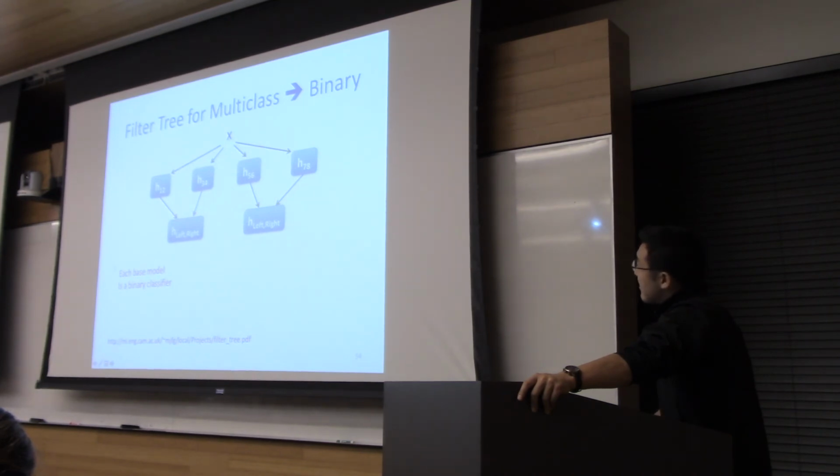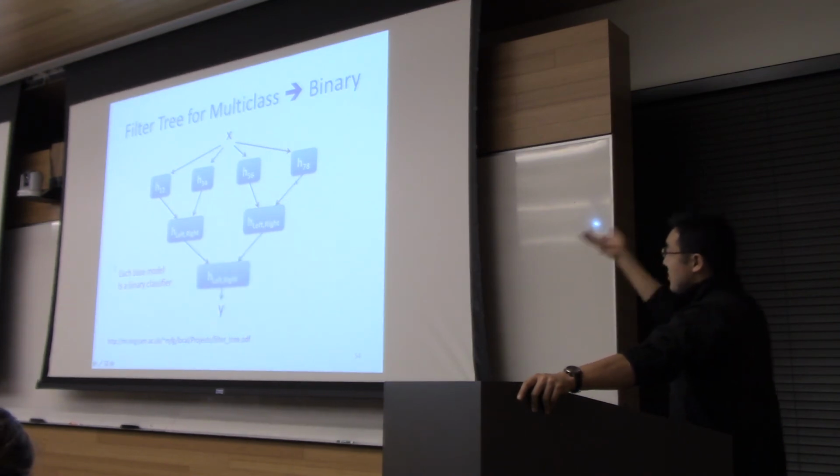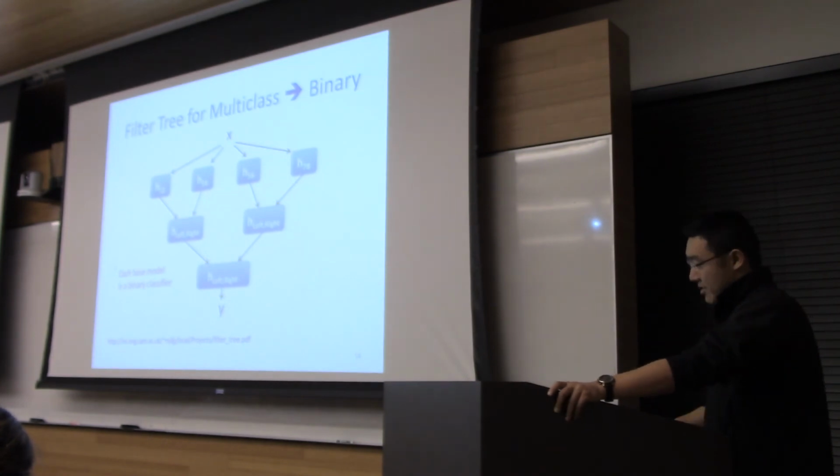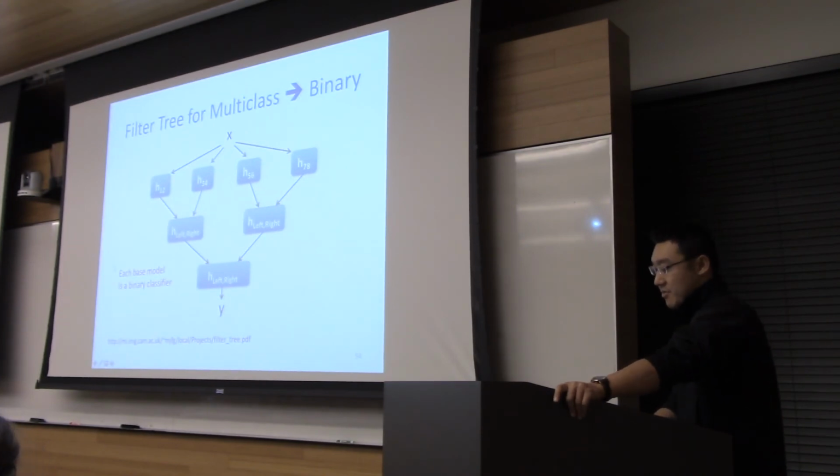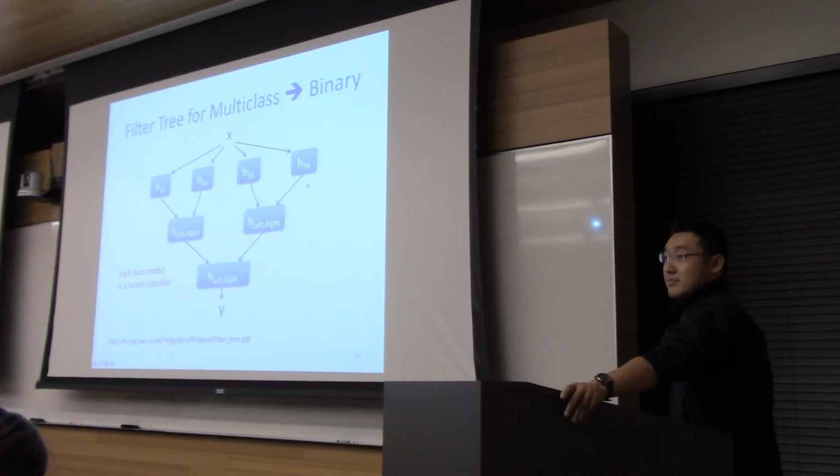So we have a decision tree of classifiers, if you will, and this is applied recursively until we get a prediction. The prediction basically traverses the left-right decisions of these classifiers until we get to a leaf classifier that makes a prediction of 1 or 2 labels. And each of these is a binary classifier.